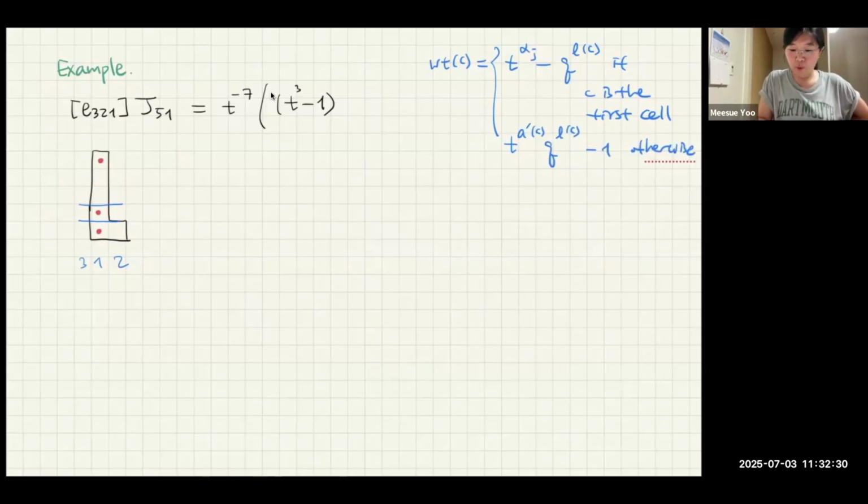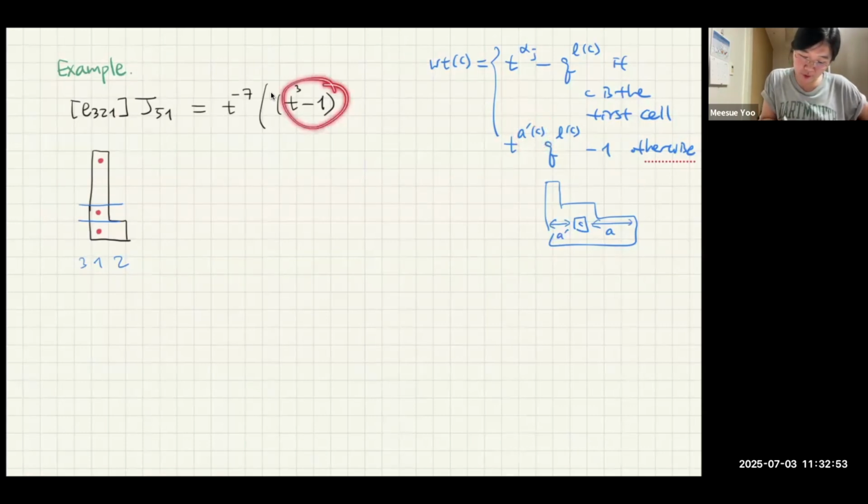So arm prime is co-arm. In the description of arm, we counted the cells to the right. This is arm. And co-arm is the number of cells to the left of C. This is A prime over here.